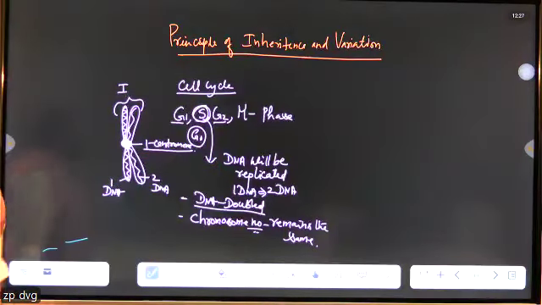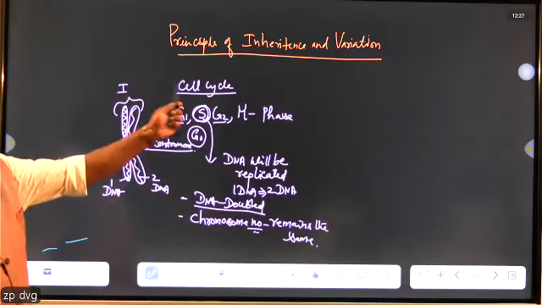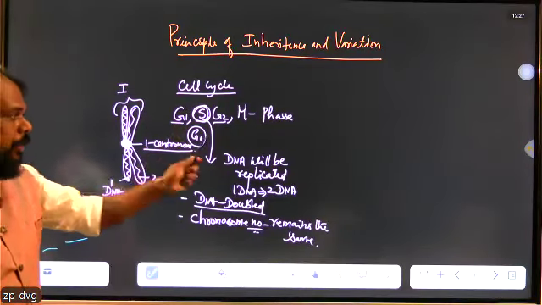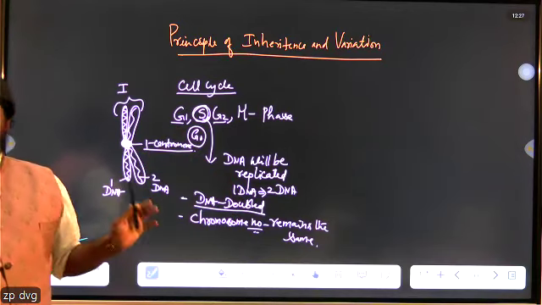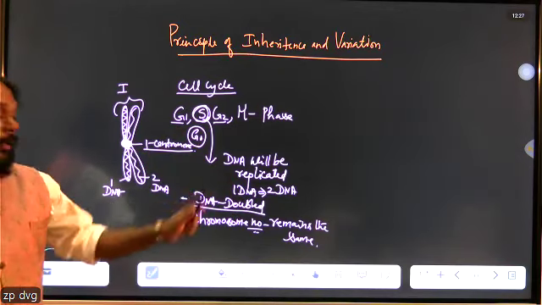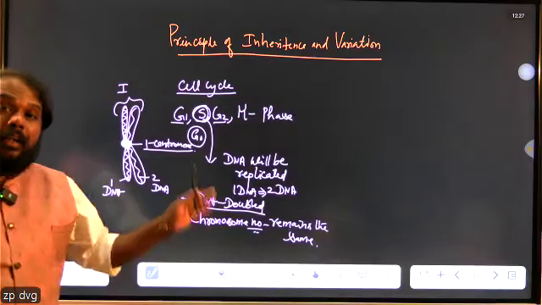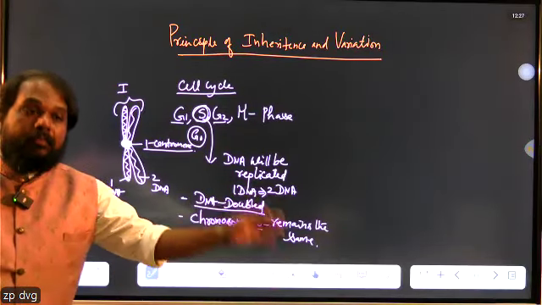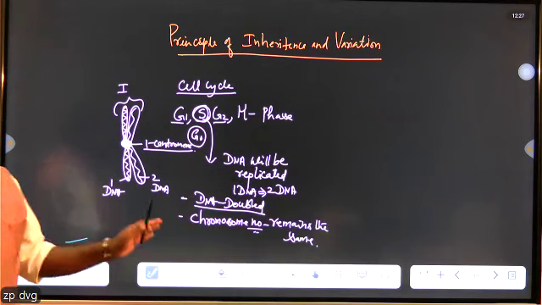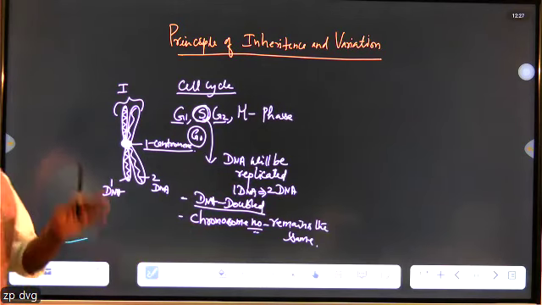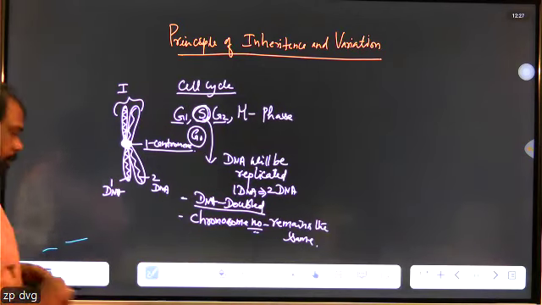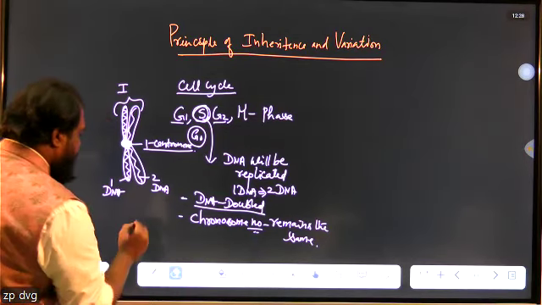Understood this concept? In a cell cycle, during S phase, DNA replication takes place. When DNA is replicated, one DNA becomes two DNA, but one chromosome remains one chromosome only. Chromosome number will not get doubled, only the DNA will. So keep that in your mind.